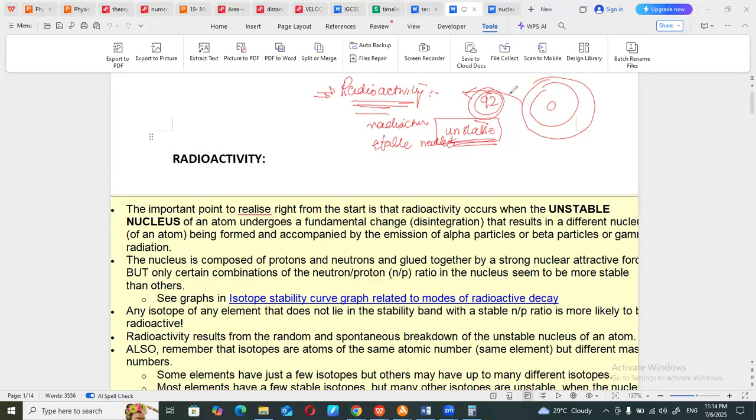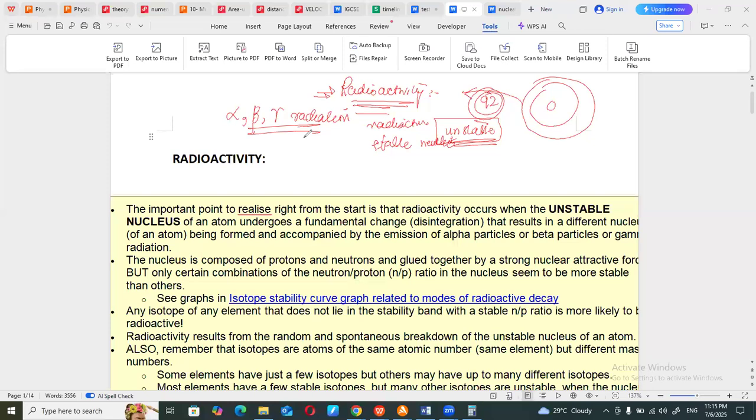Due to their size, they want to convert themselves into a stable nucleus, so they radiate some radiations, which are called alpha, beta, and gamma radiation. We will talk about them in a minute. They radiate these radiations so that they convert themselves into an atomic number lesser than what they have. So they convert into a very new element with a new identity, everything.